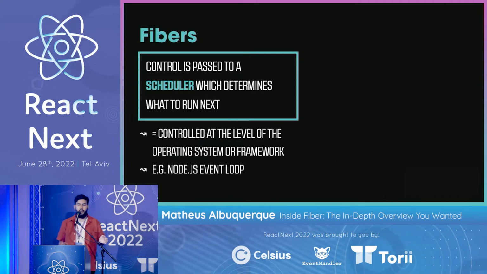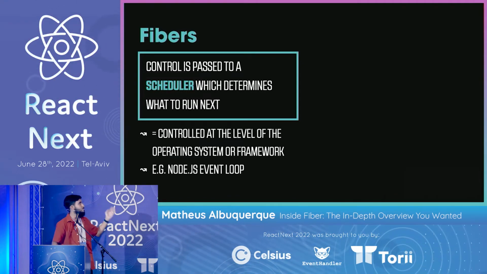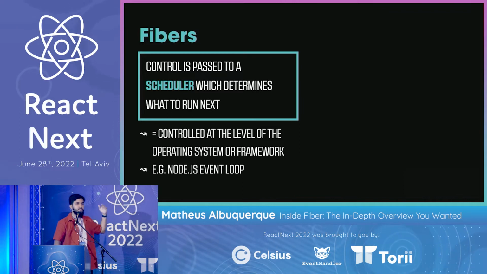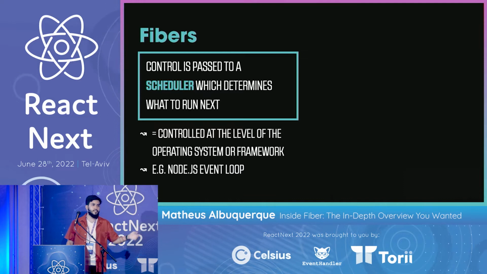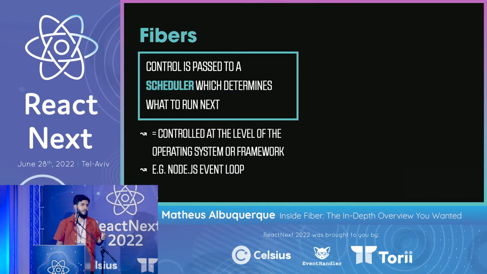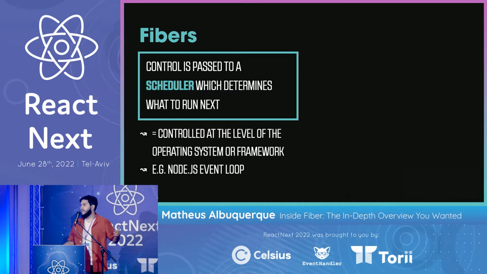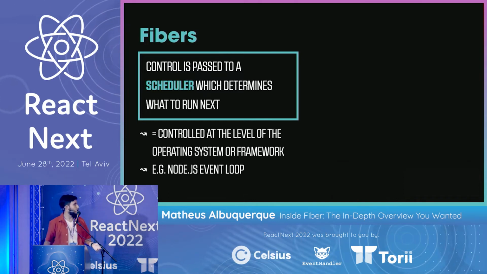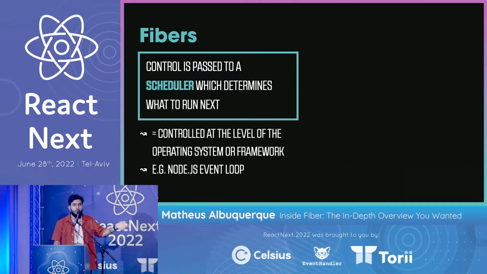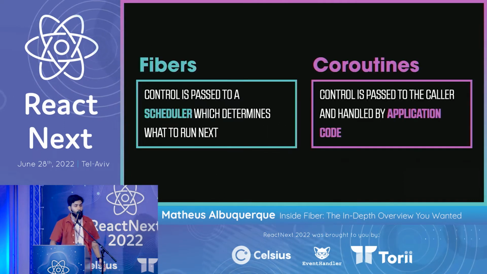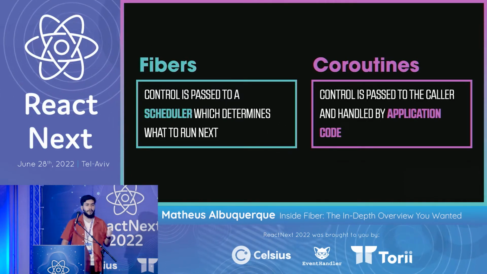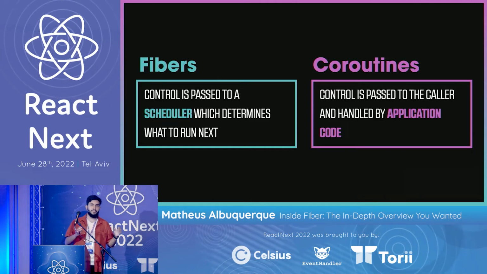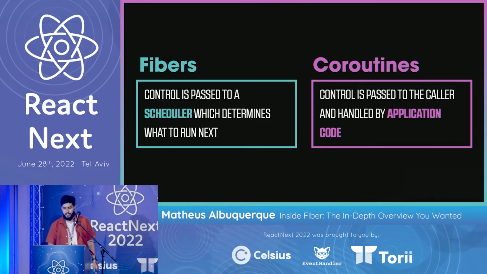So just to recap, in Fibers, we have control passed to a scheduler that determines what to run next. And it doesn't have to be the React scheduler. It's always at the framework level. So in Node.js, it is the event loop, for example, or in another, it can also be the OS scheduler. Whereas in coroutines, we have control passed to the caller and handled by application code. So that's the difference, the layer where things happen.